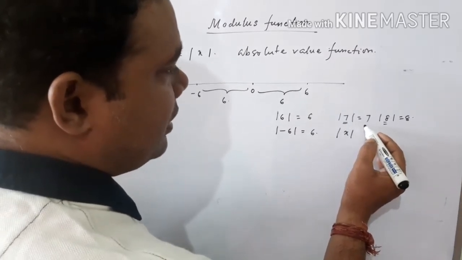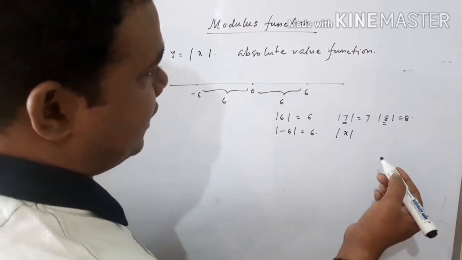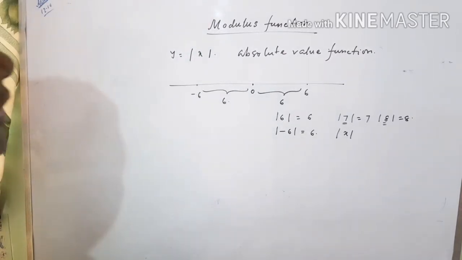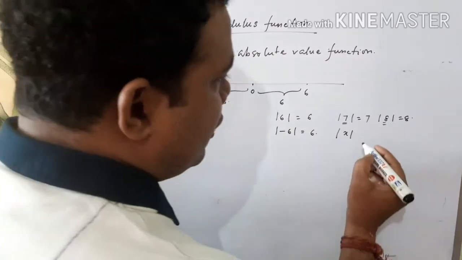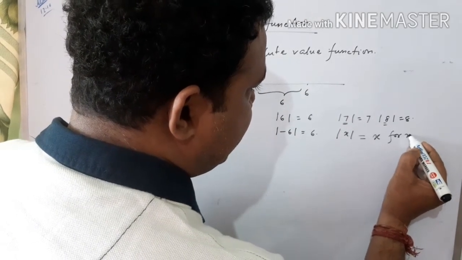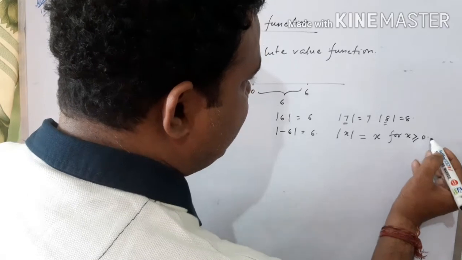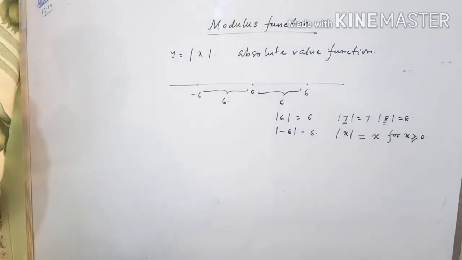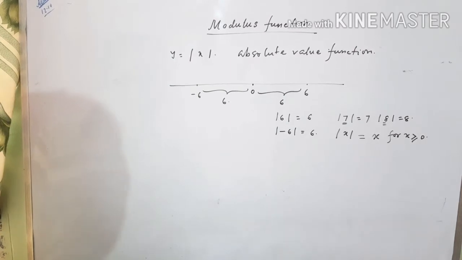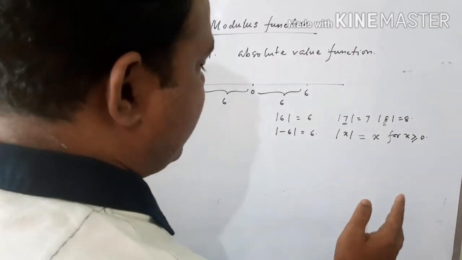That is, mod 7, when mod is removed, remains 7. Mod 8, when mod is removed, remains 8. So we can say that mod x equals x for x greater than or equal to 0. So if x is non-negative and we remove the mod, then there is no change in x.